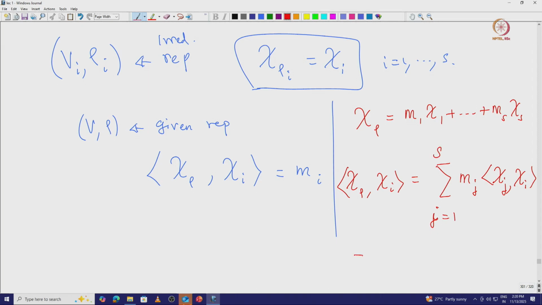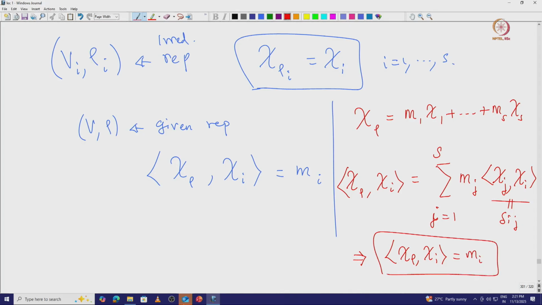So, in particular using the orthogonality relations, this is exactly going to be equal to delta i j. So, then from this you can see that the inner product of chi rho with chi i is exactly M i.